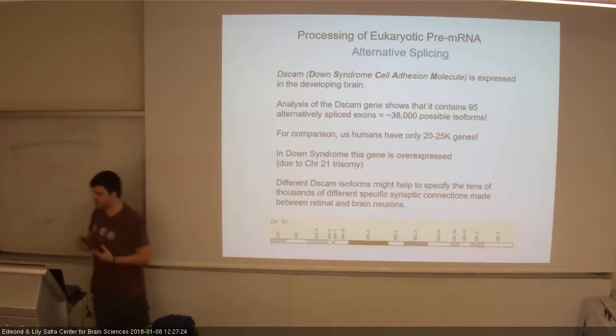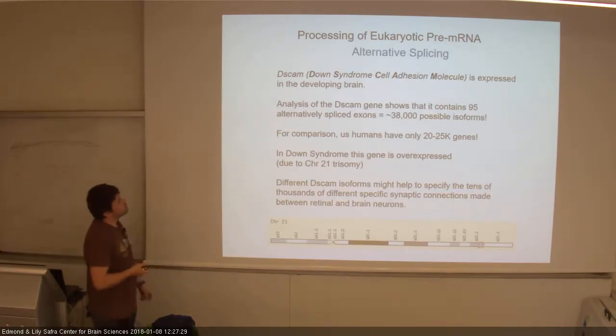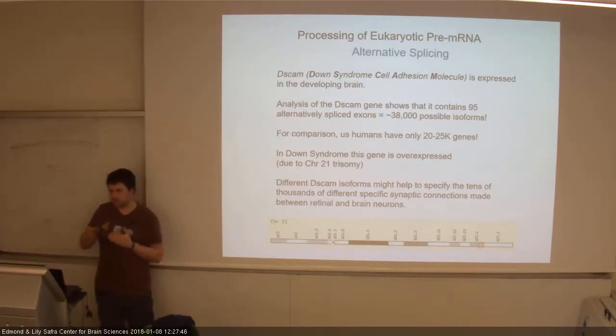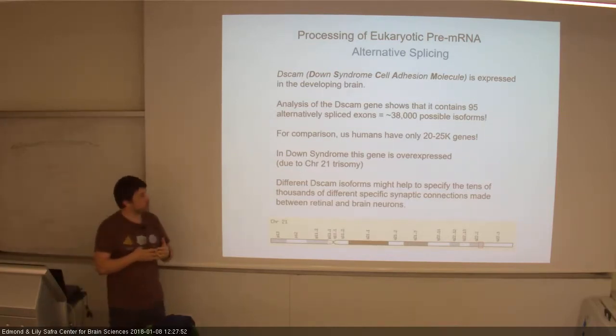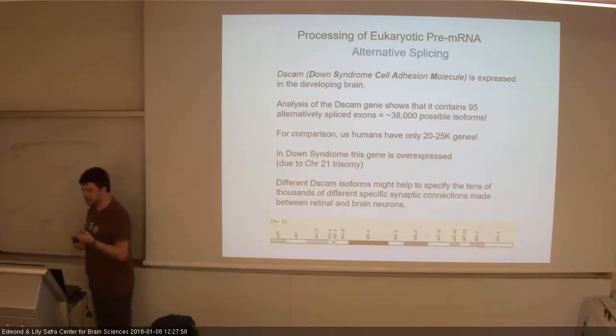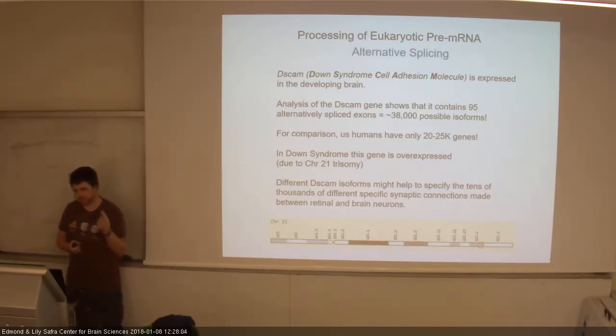The most extreme example of that is the DSCAM protein, which is short for Down syndrome cell adhesion molecule, that is highly expressed in the development of the brain. Analysis of the expression of this gene found that there are 95 alternatively spliced exons, meaning that each of them can be included or excluded in the mature mRNA molecules, in different conditions or in different cells, which gives you 38,000 possible isoforms of a single gene.